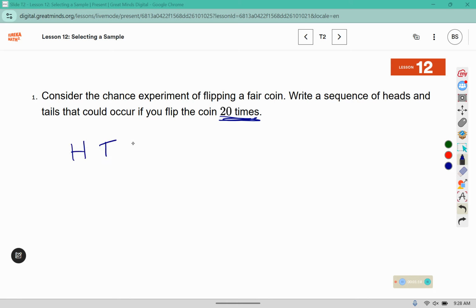Maybe you think it's going to land on heads, then tails, then maybe tails again, then heads, then heads, then heads, then tails, then tails, then heads, then tails. So I have 10 so far, and then we need 10 more to get to 20.